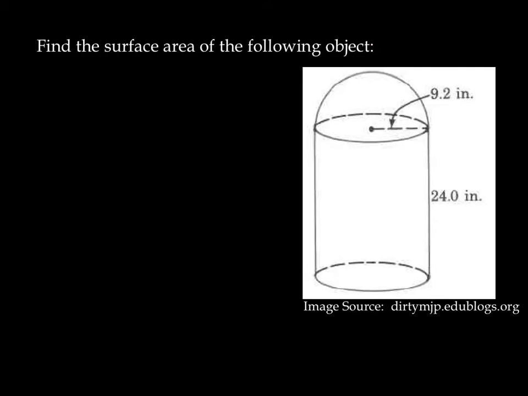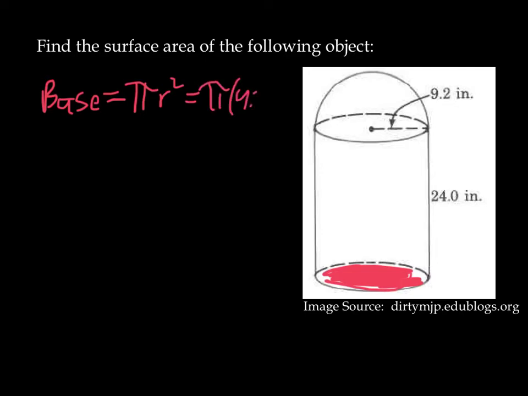First off, there's this base over here. The base circle. Okay, so the base is a circle. Its area can be found with the formula pi r squared. The radius is 9.2, so this is going to be pi times 9.2 squared.